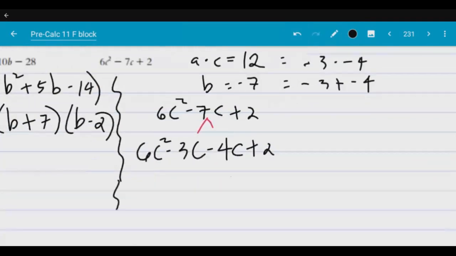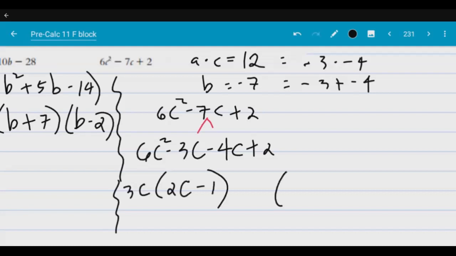And you can factor out a 3c from the first two. So again, I'll be factoring the first two terms, and 3c can be factored out, leaving me with 2c minus 1. And again, I told you before, if you're doing this correctly, you would have 2c minus 1 also in the end. So it's really asking yourself, what would you multiply to 2c to give you a negative 4c?